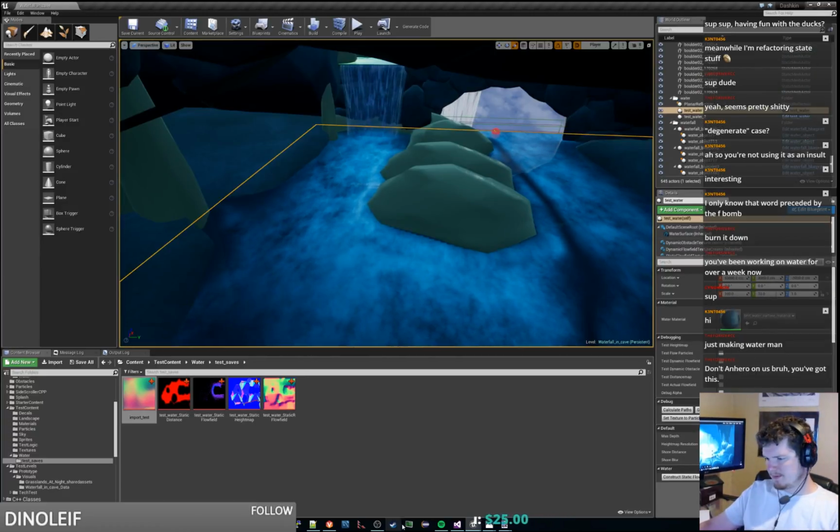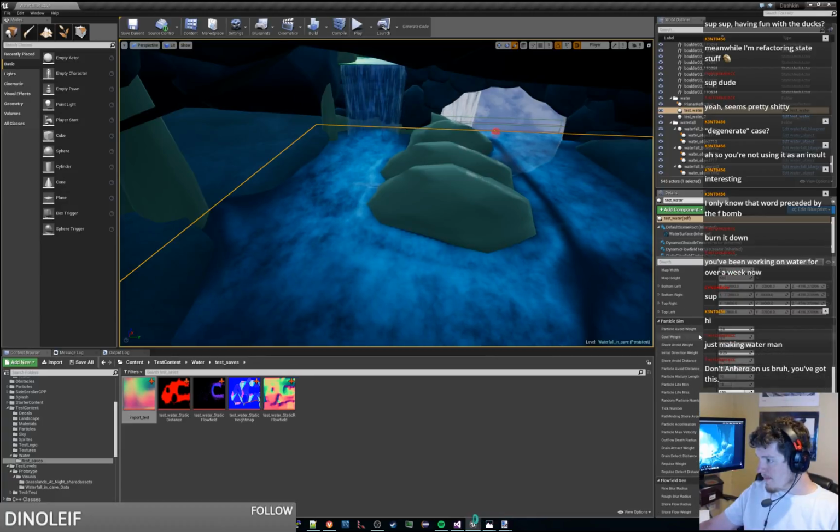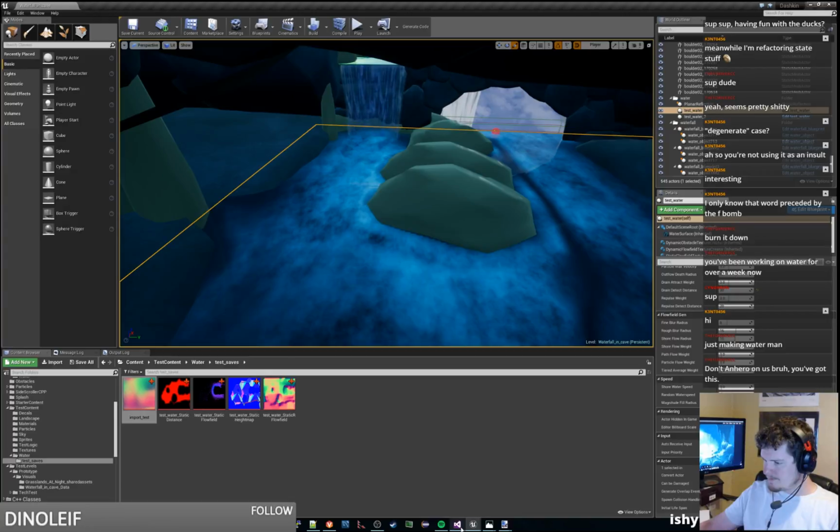So where are we doing our pathfinding? So particle sim, flow field gen. Let's take a look.